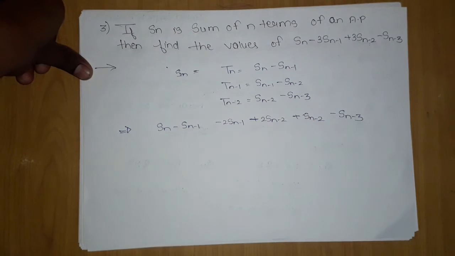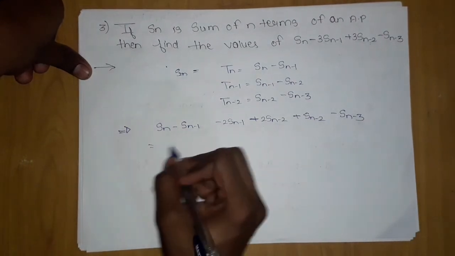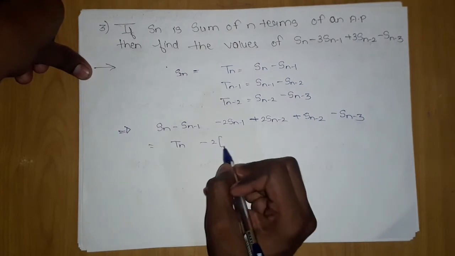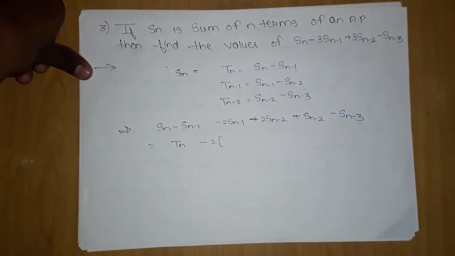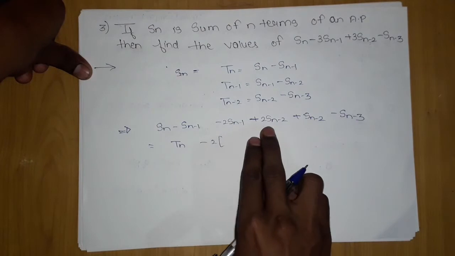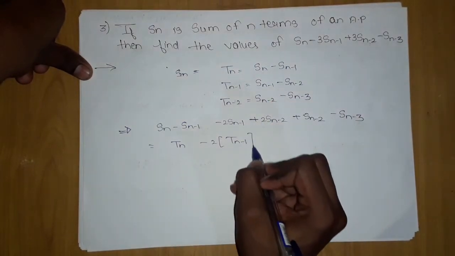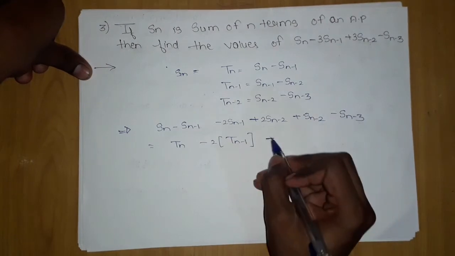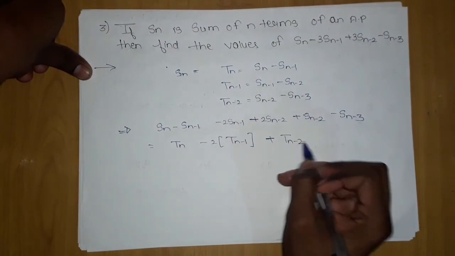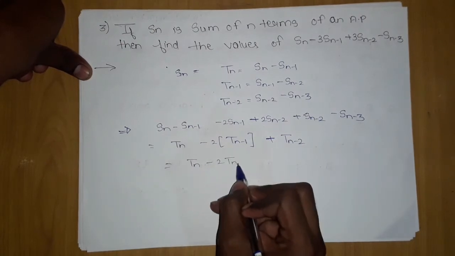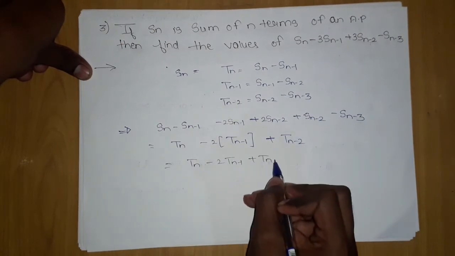When I write it like this, see what I get: Tn, minus 2 times, the 2 will move out, minus will come out, then we will get Sn minus 1 minus Sn minus 2, like this. Then we can write Tn minus 1. Plus here, it will be plus only, Tn minus 2. Now what we got: Tn minus 2 times Tn minus 1 plus Tn minus 2.